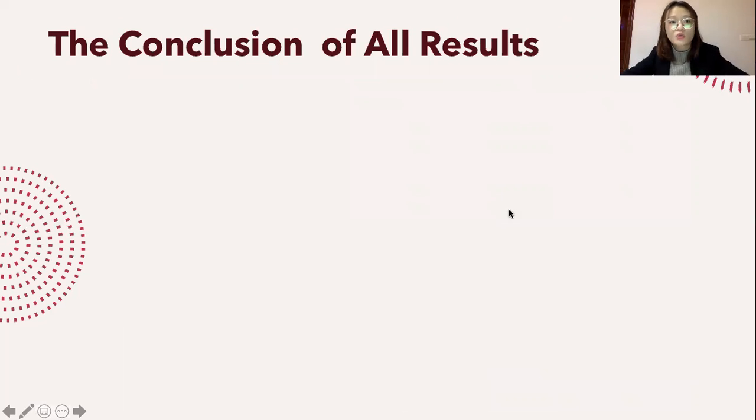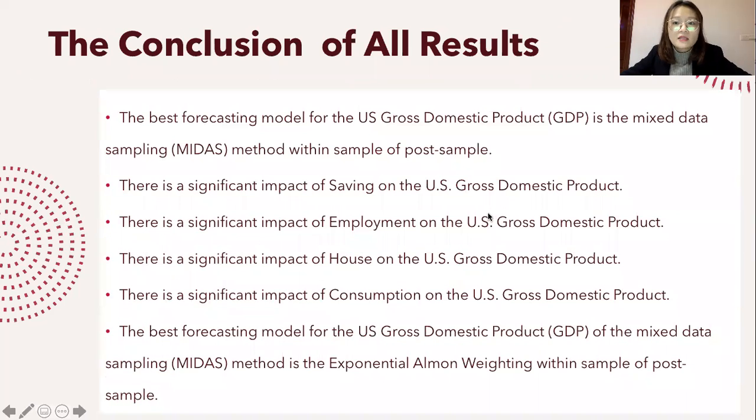So I will now give a conclusion for the results of my research. The best forecasting model for the GDP in the United States is the mixed data sampling, which is the MIDAS, in the post samples. And there is significance between all the independent variables and the dependent variable. The independent variables, which are savings, employment, housing, and consumption, all have a significant impact.